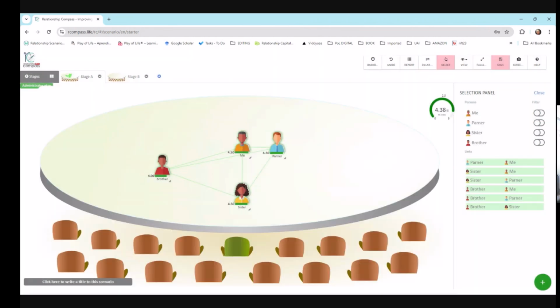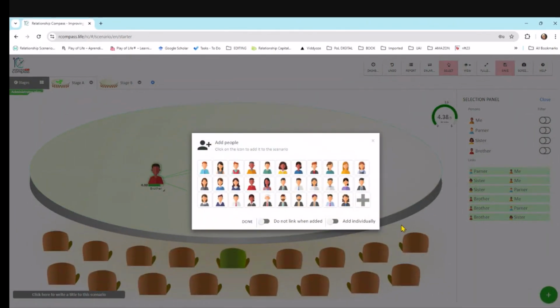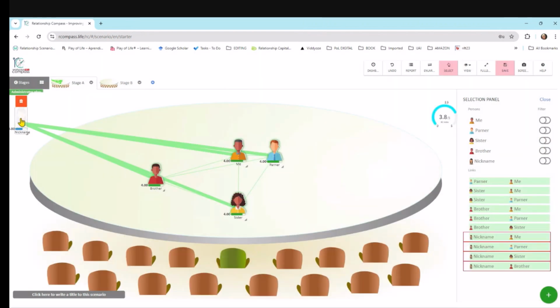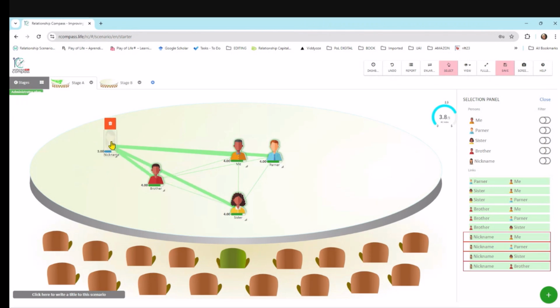So we can add someone else. Yes, we do the same process. Second one from the top, up, this one, that one. Yeah, yeah. Who is she? It's another sister. Where is she?